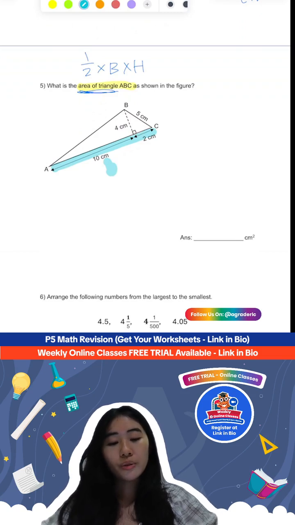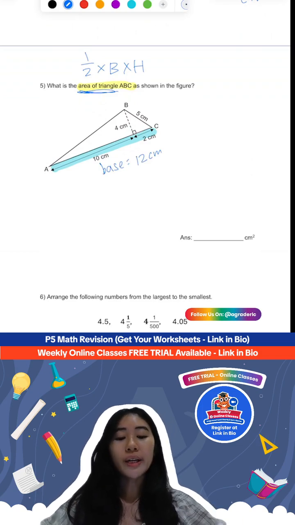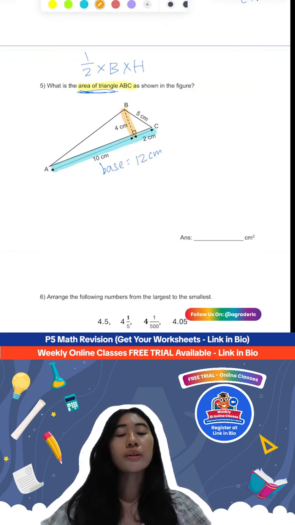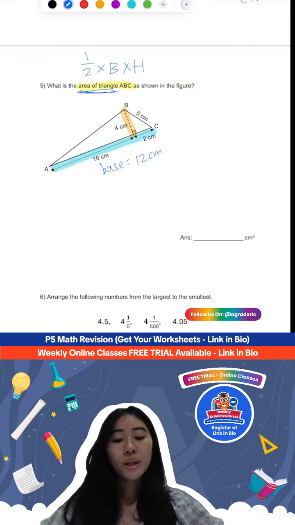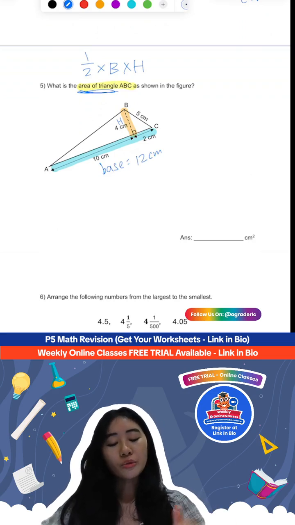So your base over here is actually 12 cm. Between your base and a height, there must be a right angle. If you look at the diagram, this is where the right angle is. So that means that 4 cm should be your height.